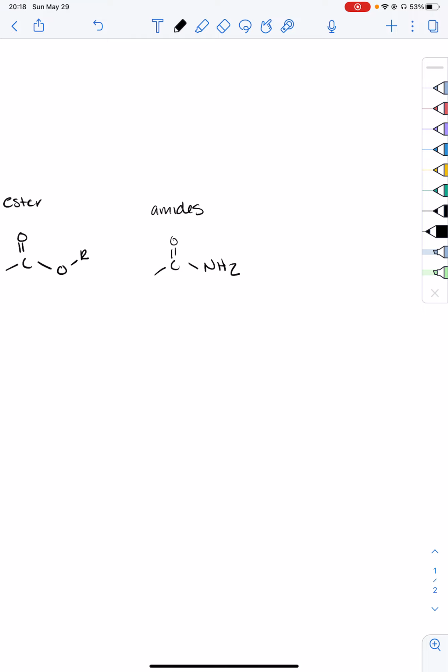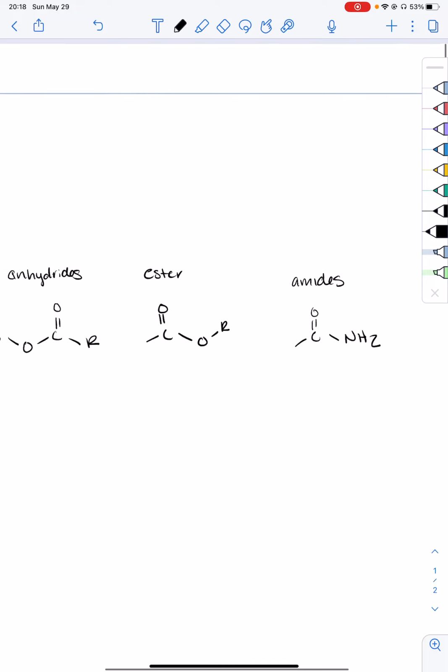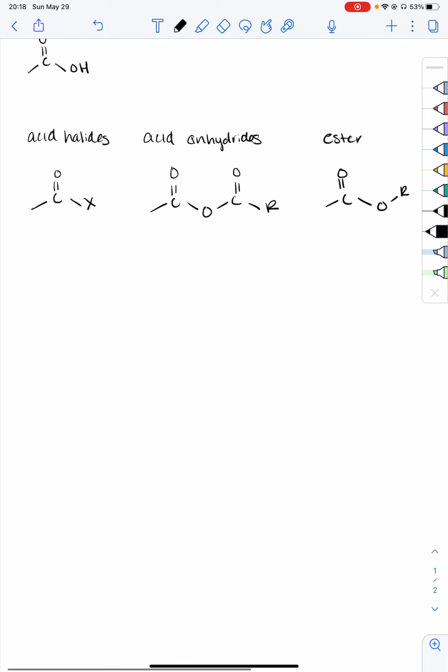For the nomenclature of carboxylic acids, there are two systems used for naming, the common system and the IUPAC system. So we'll do naming, common, and IUPAC.